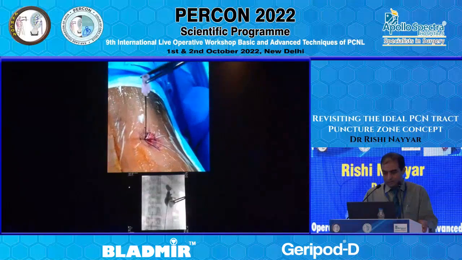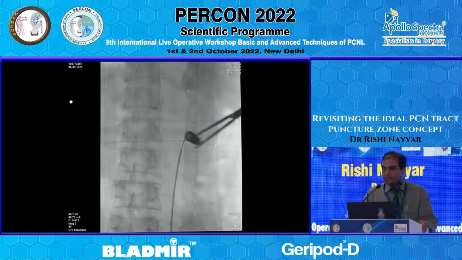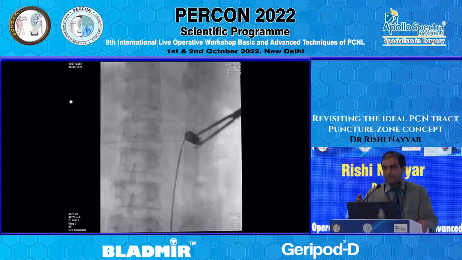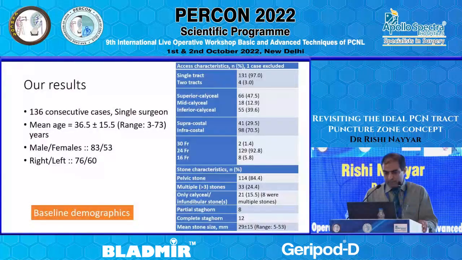So this was the 0-degree puncture, and finally complete clearance could be achieved from the single tract. Therefore, there is scope for improving on the puncture making, and we can tailor-make the tract specific to the patient according to the patient's anatomy or the need of the case. We have been doing these cases over the last 7-8 years using this technique.